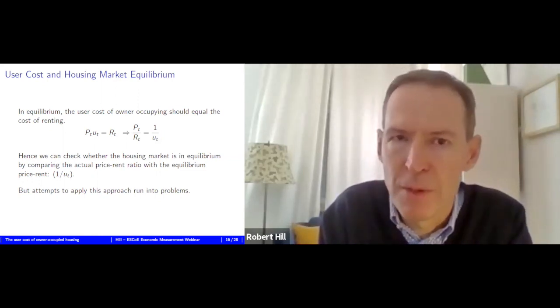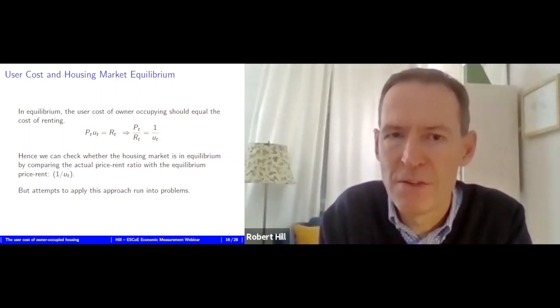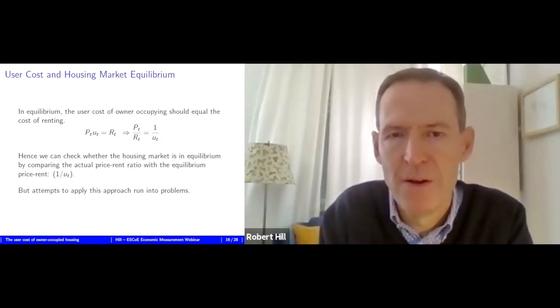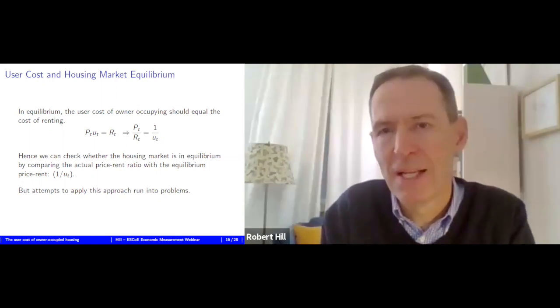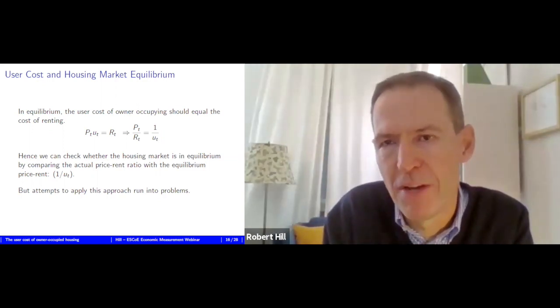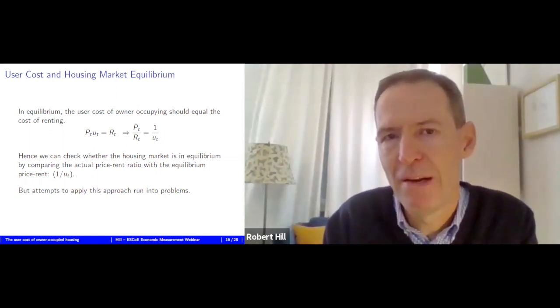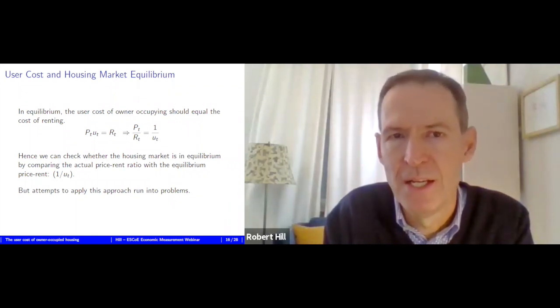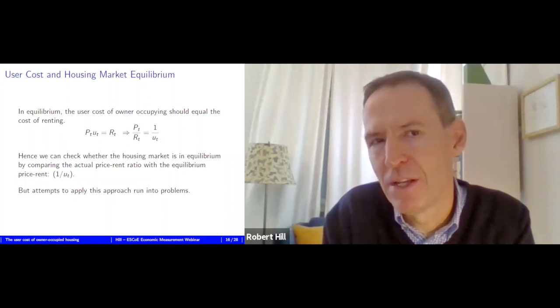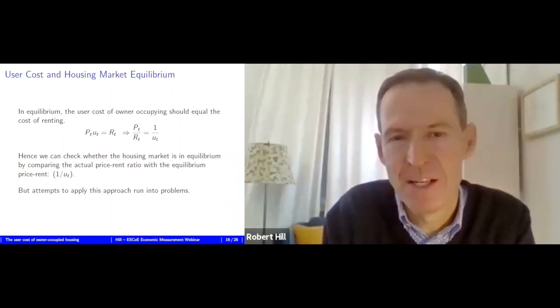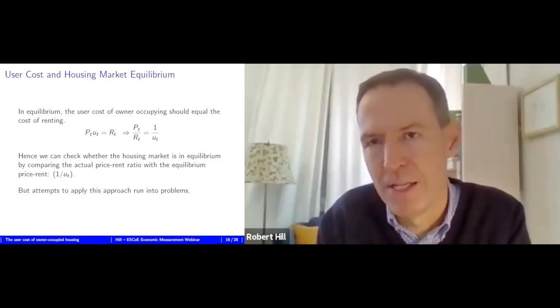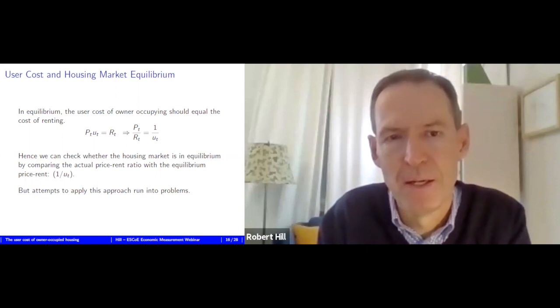What you can do now is calculate the actual price rent ratio prevailing in the market and compare it with the equilibrium price rent ratio and see which is bigger. If you find that the actual price rent ratio is higher than the equilibrium price rent ratio, then this is a sign that the price rent ratio is too high, and has maybe reached an unsustainable level in the housing market.